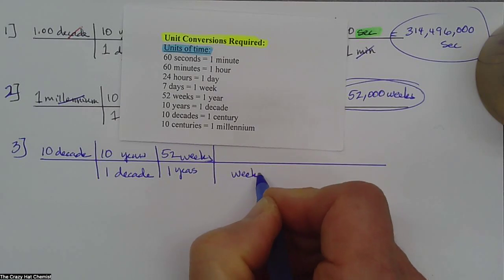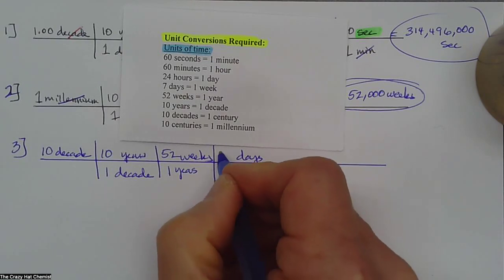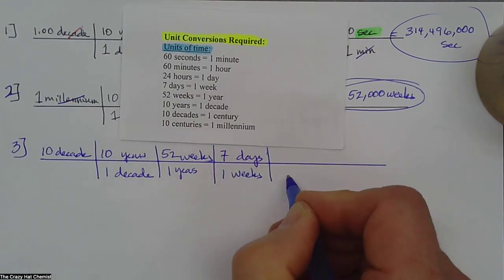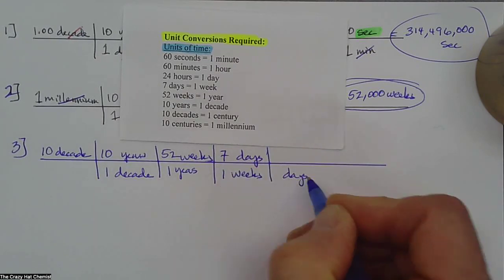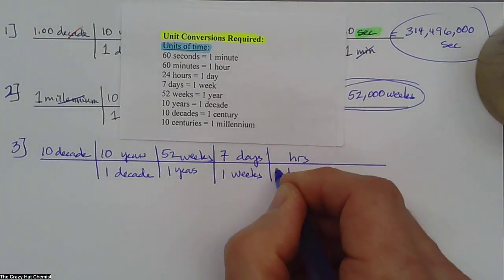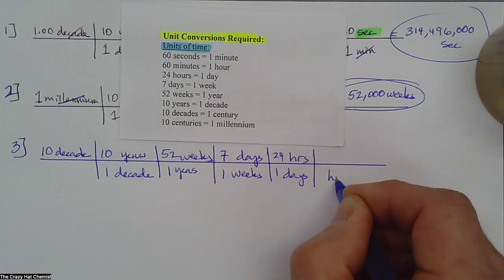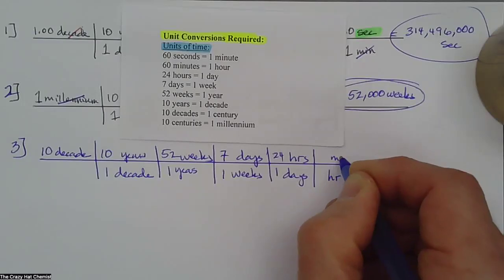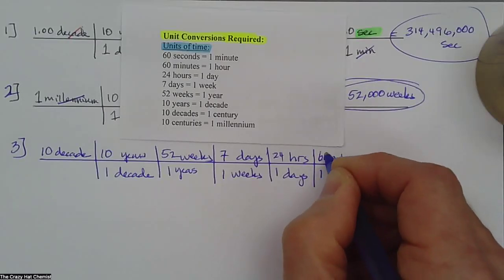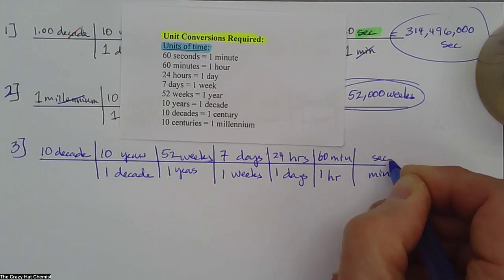Weeks and days. So 1 week, 7 days, and then days and hours. 1 day, 24 hours, and then hours and minutes. 1 hour, 60 minutes, and then minutes to seconds.